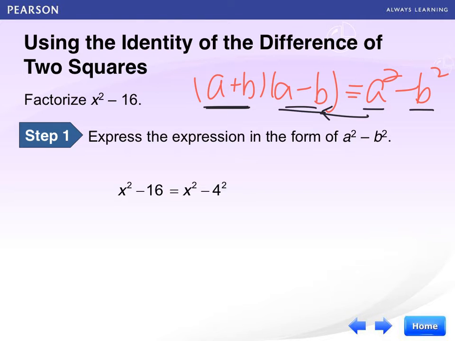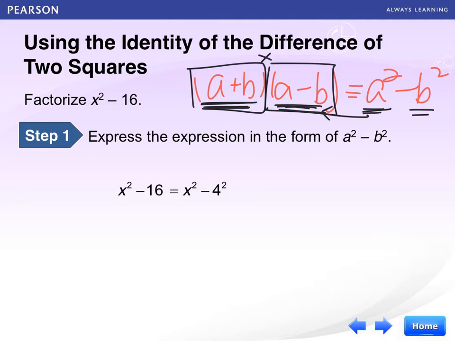From this identity, we learn that when we meet square minus square, it can break down into these two factors. Because these two are in a product, they are factors.